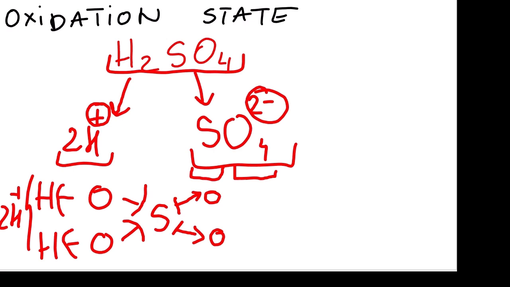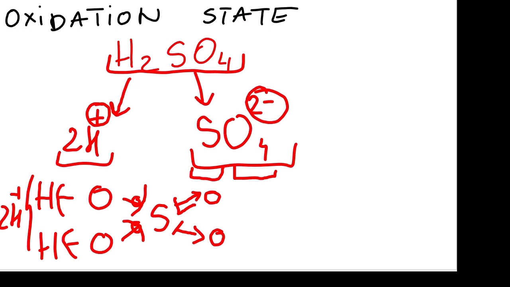Here sulfur loses one electron and a second electron to these two oxygen atoms. But here we have two coordinate covalent bonds.